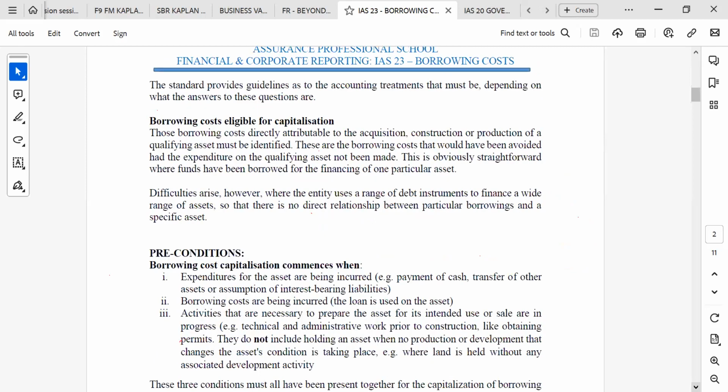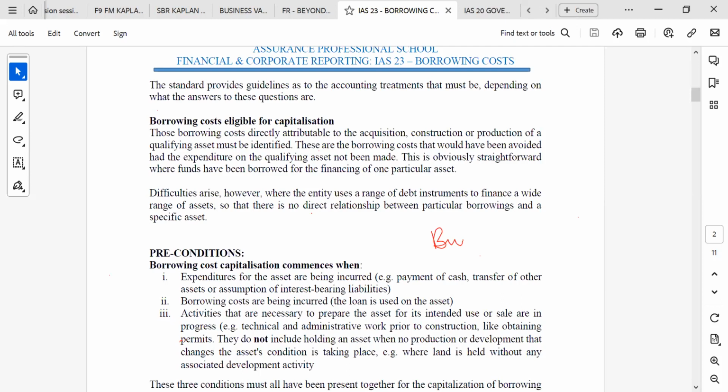Okay, let's look at the borrowing cost capitalization. Borrowing cost capitalization commences when expenditure for the asset is being incurred. So let's assume that we want to construct a building. If you want to construct a building, we need cement, we need sand.